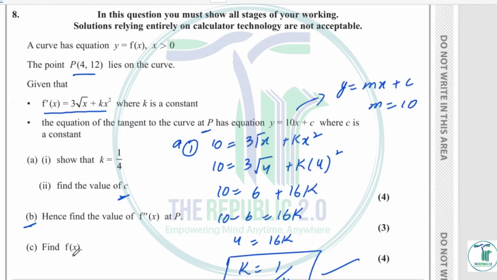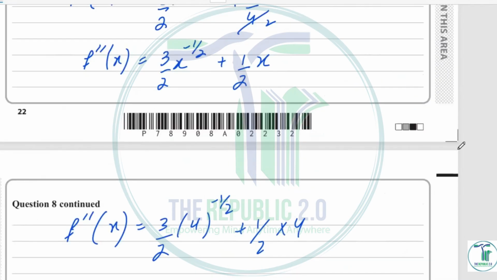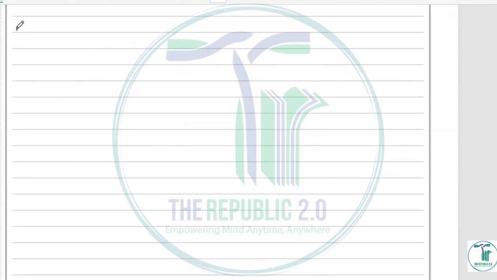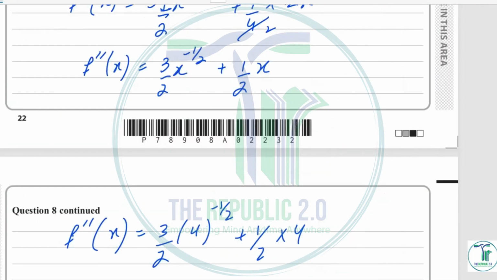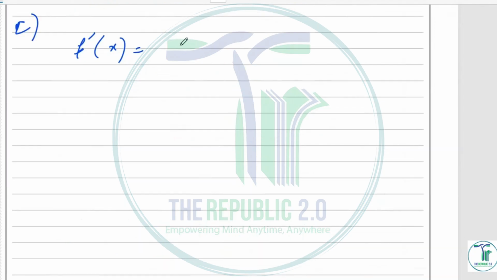Now we need to find out f of x. So we've already got f prime of x. How can we get f of x back? By just integrating it on both sides, right? So for the c part, I've had f prime of x equals 3 root of x plus kx squared.